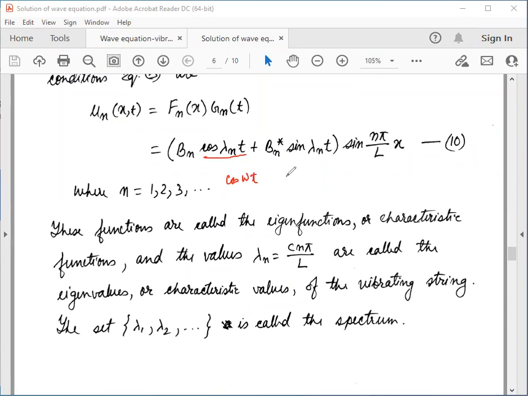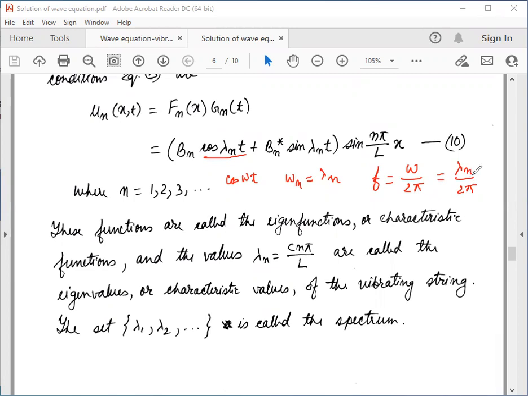Omega n is equal to lambda n. And omega is the angular frequency. So the frequency f would be omega by twice pi. Okay, so this gives lambda n by twice pi.